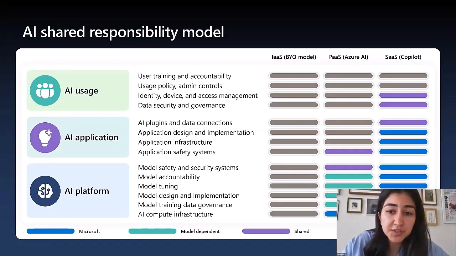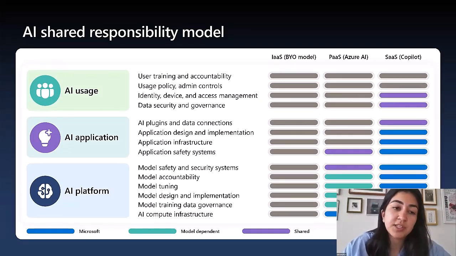Despite that, customers still have significant responsibilities here. So the customer is going to control what data is put inside these models. They also control who has access and under what condition. The biggest responsibility I see on the customer side is also around monitoring and policy applications to make sure that usage is in line with your business workflows.